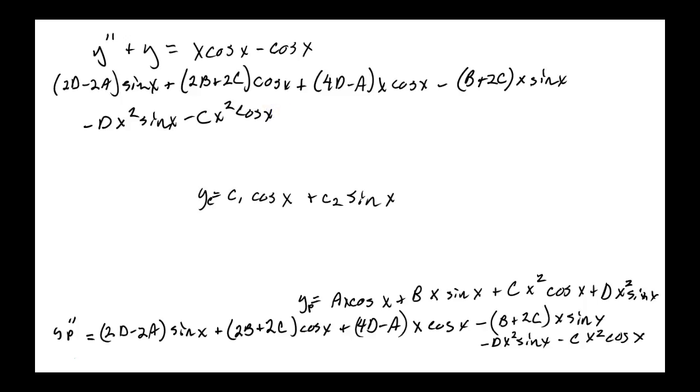Add to that y particular, yp, and this is plus ax cosine x, plus bx sine x, plus cx squared cosine x, plus d x squared sine x.